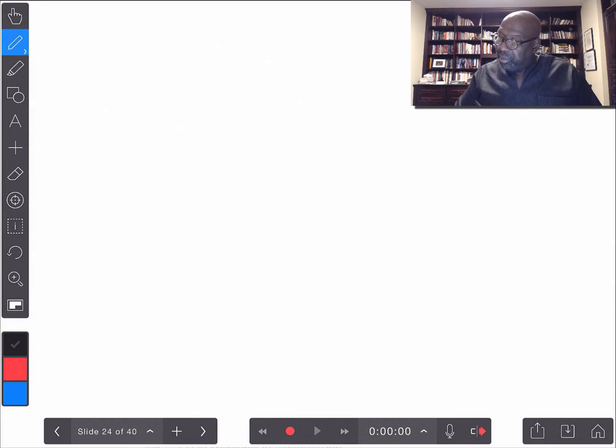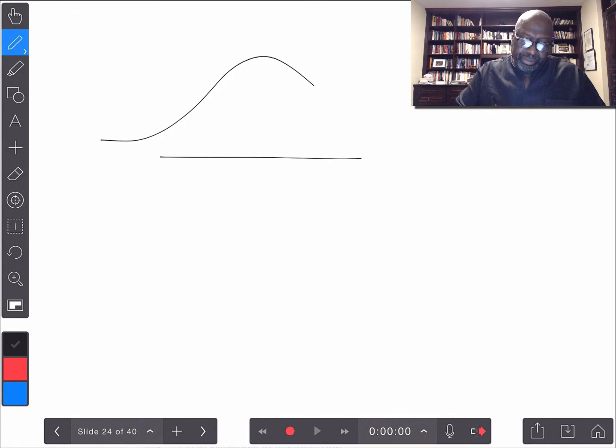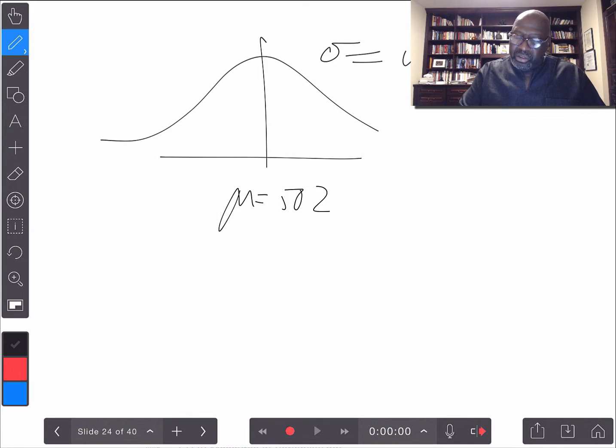So the first part has to do with a mean test score within 10 points of the population mean. Population mean 502. That's for reading. Standard deviation is 100.